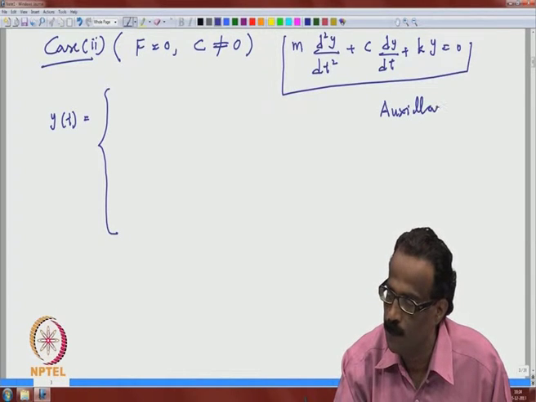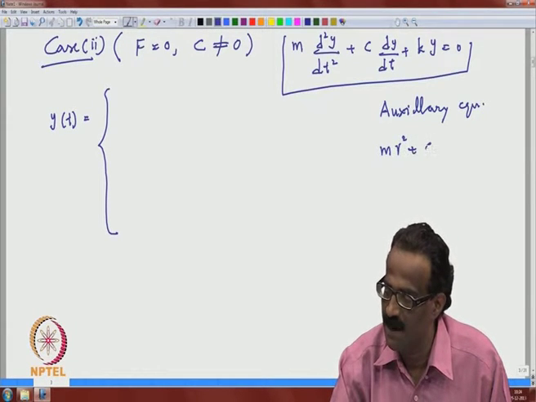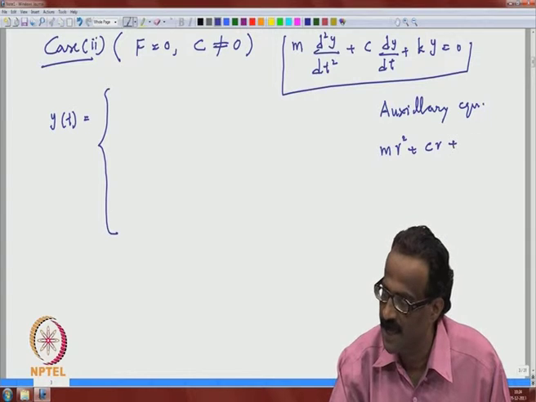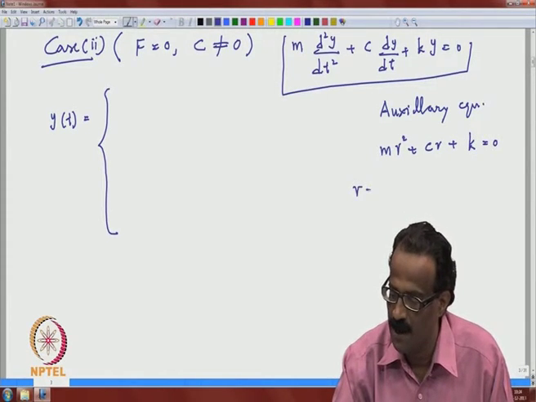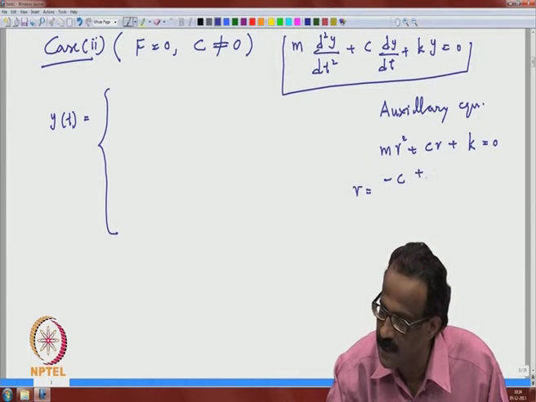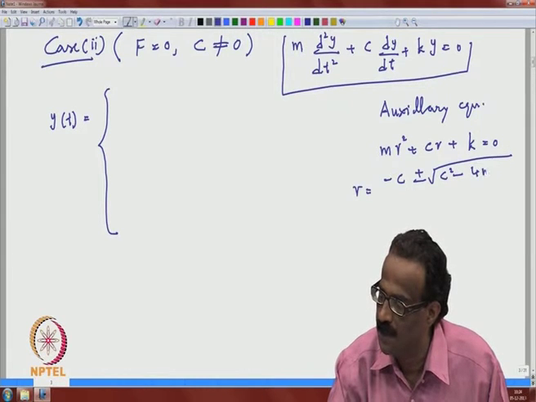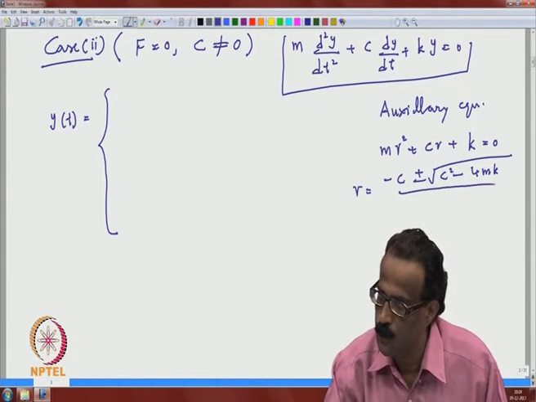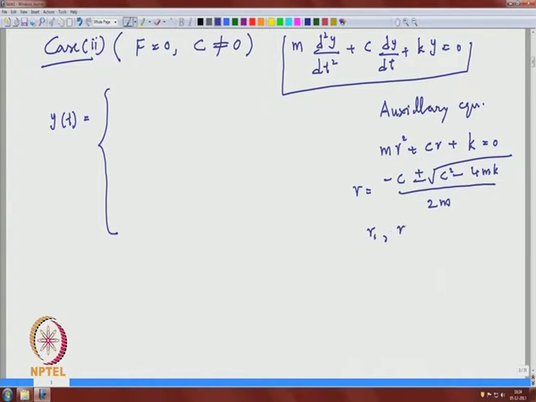It is m r squared plus c r plus k equal to 0, and you have the solution r equal to minus c plus or minus the square root of c squared minus 4mk, divided by 2m. So, you have two roots r1 and r2.